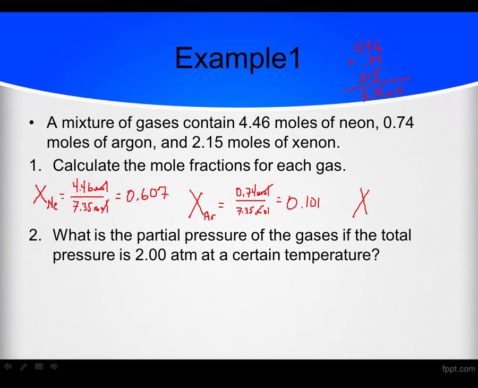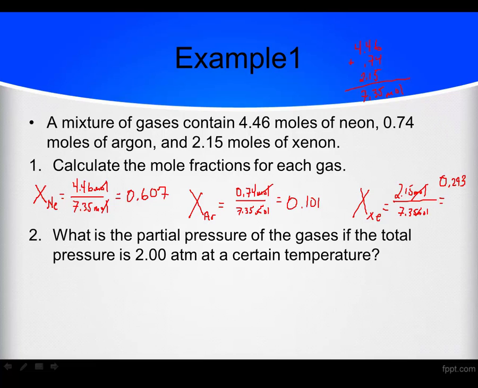And finally, for xenon, Xe, we're going to do 7.35 on the bottom and 2.15 moles on top. Mole fraction, so the moles cancel. And I got 0.293. Again, unitless. It really bothers me to write unitless numbers, but I guess I can't do it here.